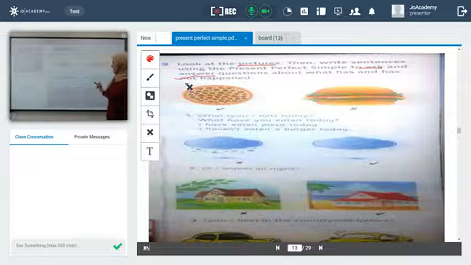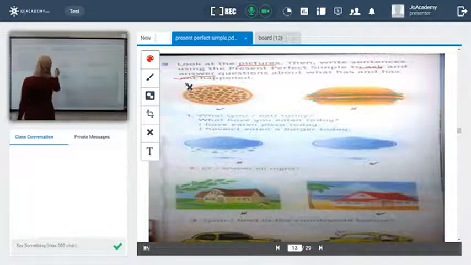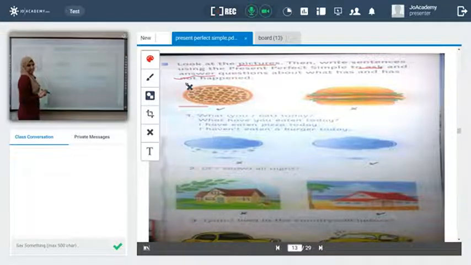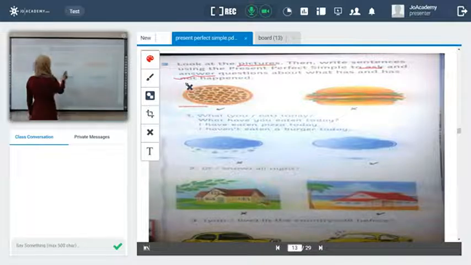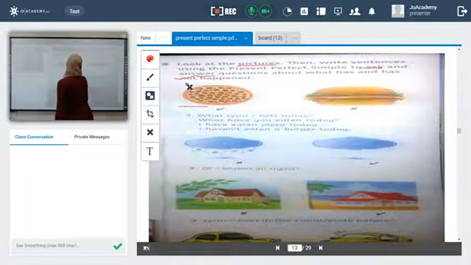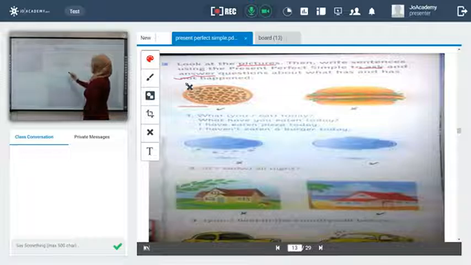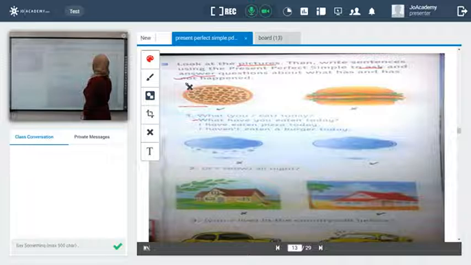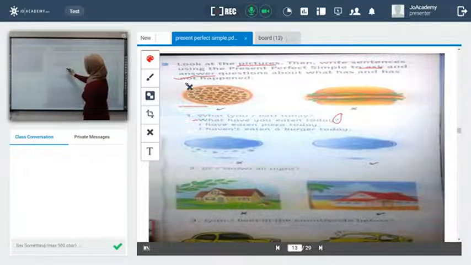So let's look at number 1. Yummy. This is pizza, right? I like it. Do you? We'll see. What did you eat today? So what's the question that we form? What have you eaten today? Question mark. Now the answer is, here we have a tick.